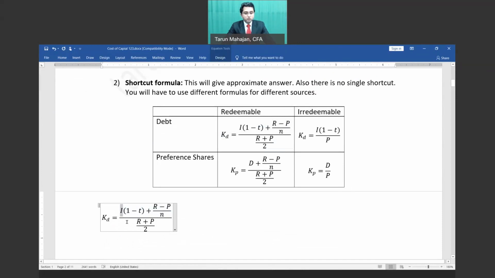Here I is equal to the amount of interest, which is 100 rupees. 1 minus T, so the tax rate was 30%, this is 0.7. Redemption at par, 1000 rupees.